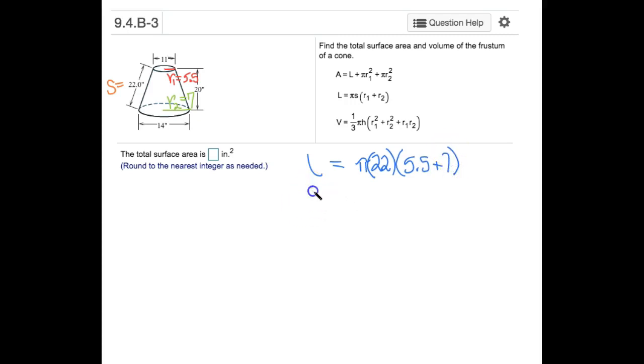And then from there, we're going to just use the order of operations to solve this. I don't see where it says to use pi or 3.14. The directions, or the blue instructions, say that we're going to round to the nearest integer. So I think we're going to be okay by using 3.14.